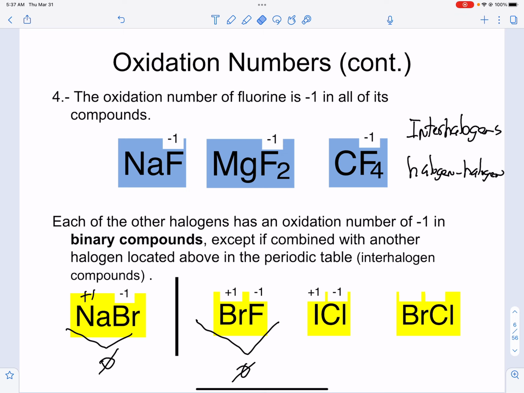Between bromine and chlorine, chlorine is closer to fluorine, so that will be -1, and bromine will be +1. And notice that, as always, we write the more positive first. So whenever we have a compound, the first one is going to be the more positive.